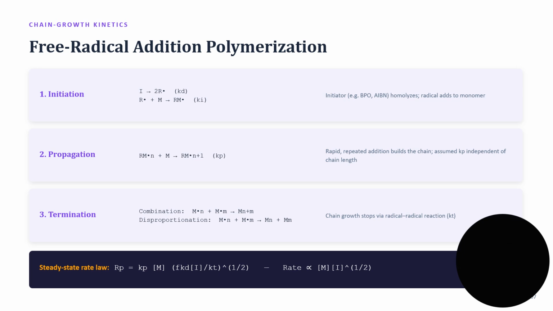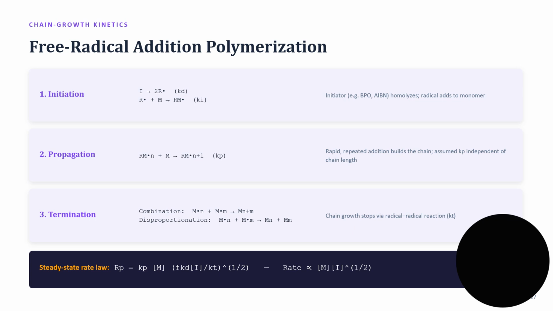Putting this together with the steady state approximation, where the rate of radical generation equals the rate of radical destruction, we get the rate law shown here. Rp equals kp times monomer concentration times the square root of f kd initiator concentration over kt.